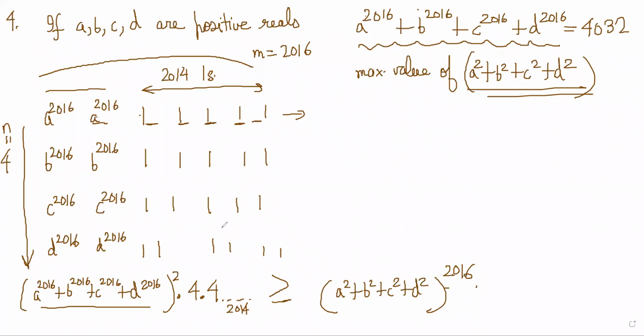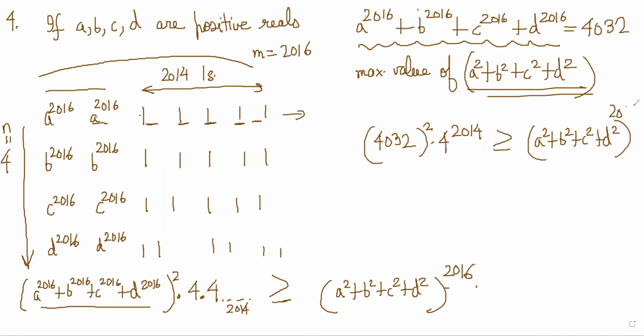This part is simply 4032. So I get 4032 square into 4 power 2014 is greater than equal to a square plus b square plus c square plus d square to the power 2016.